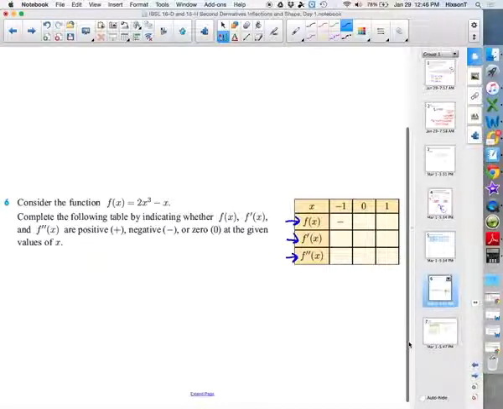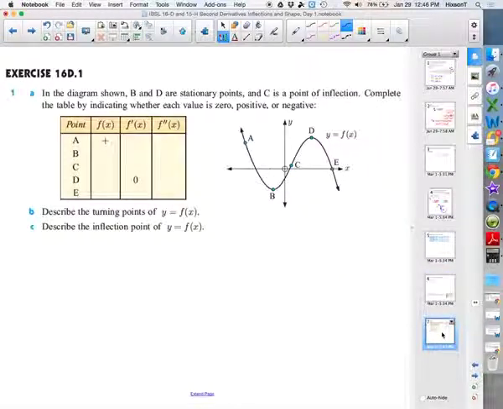But I want to use this, and there's another one kind of similar to this where they actually show you, you don't have an actual function, but you're looking at the graph and you're determining, okay, is my position positive? Well, yeah, we're above the x-axis. What about my rate of change? Am I increasing or decreasing at A? Decreasing.